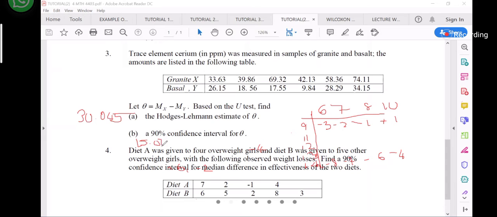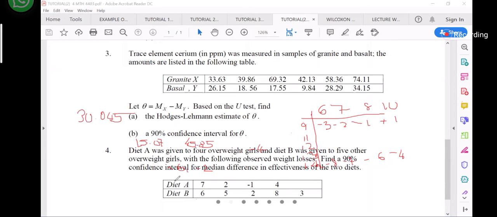And the upper is 45.82. And you see here, I already mentioned MX minus MY.